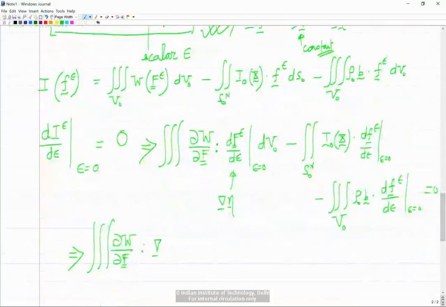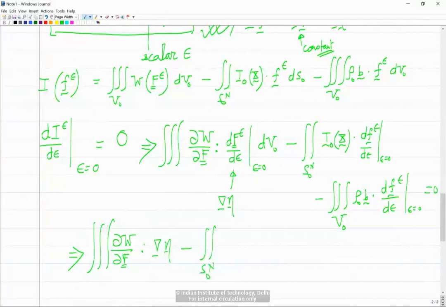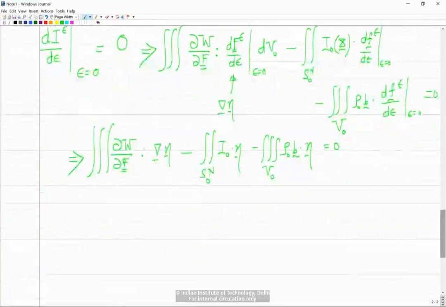Okay, so you have gradient eta minus T naught dot eta. See, d small f by d epsilon is simply eta, minus dot eta.